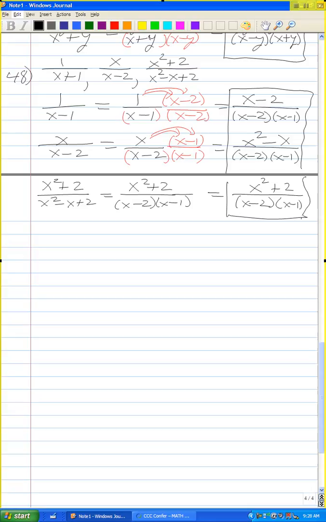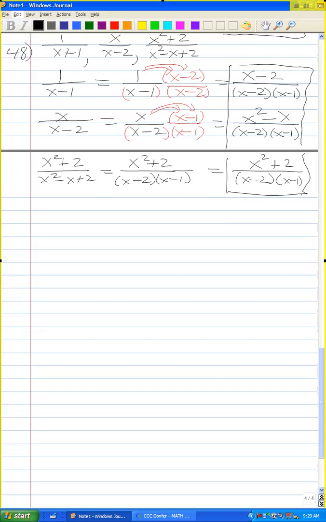Okay, so I found equivalent fractions with the same least common denominator. Let me do problem number 54.